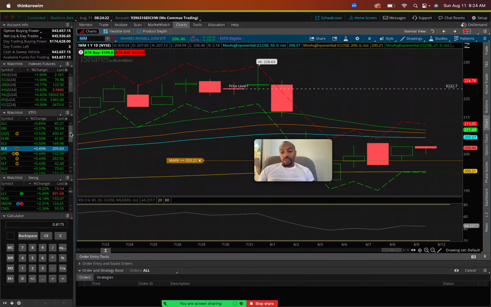So if this is what the market looks like, if it was a snapshot, everything is still right now. But if this is what the market looked like on Monday morning, I would be looking at those specific names for that day for a day trade, right, if it's to the upside, or KRE and IWM to the downside. Probably one or the other because these two names are pretty much linked.